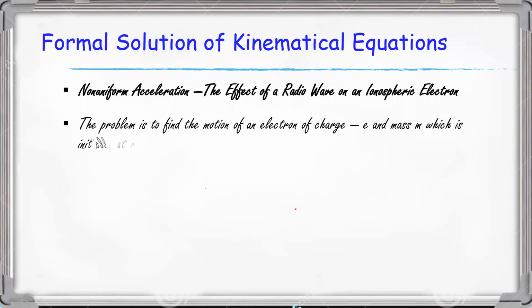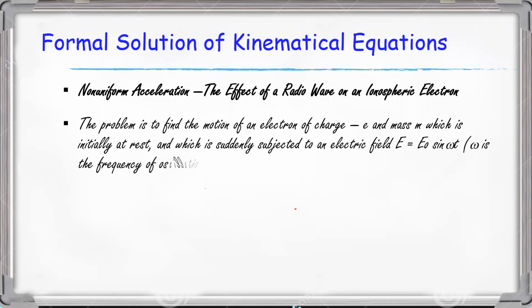Our problem is to find the motion of electron of charge minus e and mass m, which is initially at rest and which is suddenly subjected to an electric field E = E0 sin omega t.